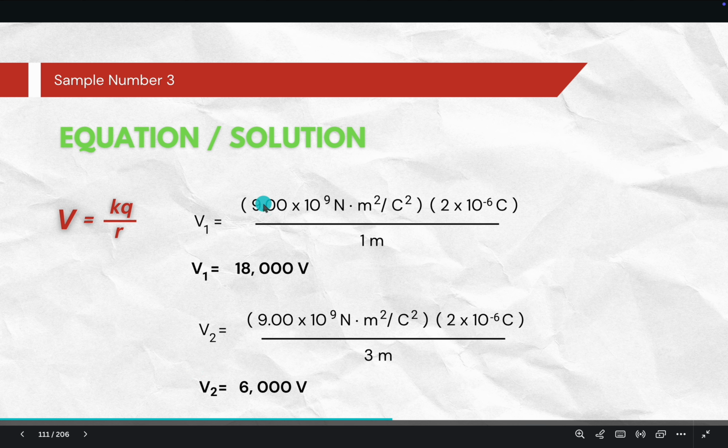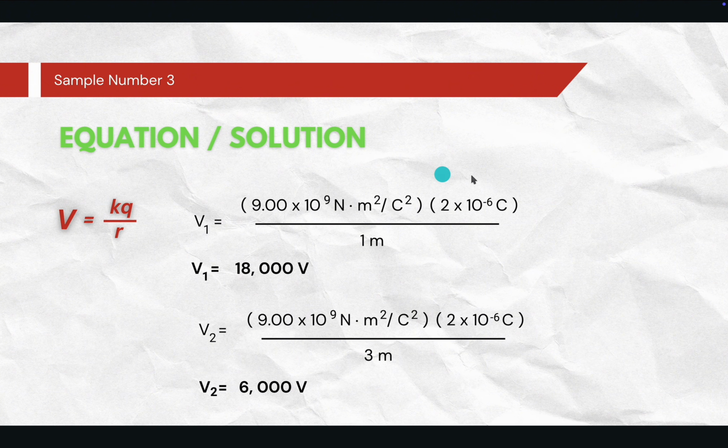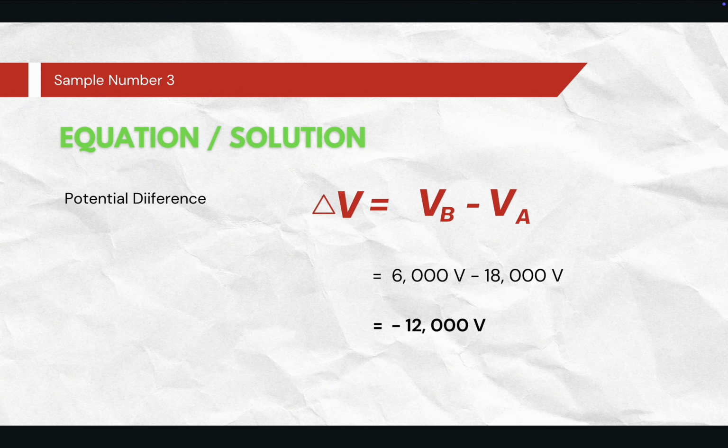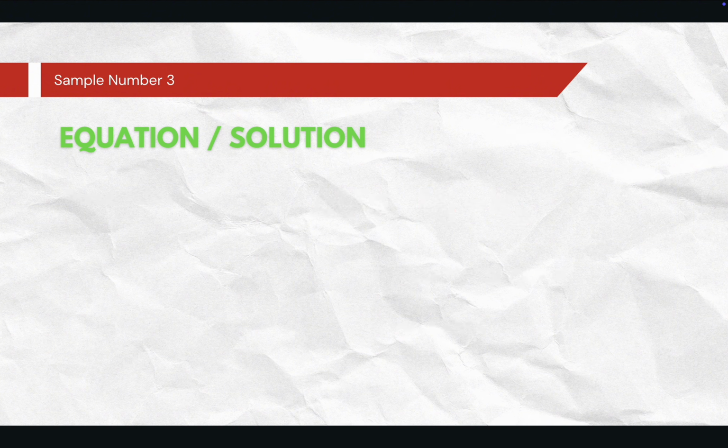I-multiply mo yung coulomb constant sa charge na given, then, over sa distance na given. Pero since dalawa yung given, dalawa yung magiging sagot natin sa electric potential. And then, sa paghanap naman ng potential difference, sabihin lang natin na point A and point B yung distance niya.